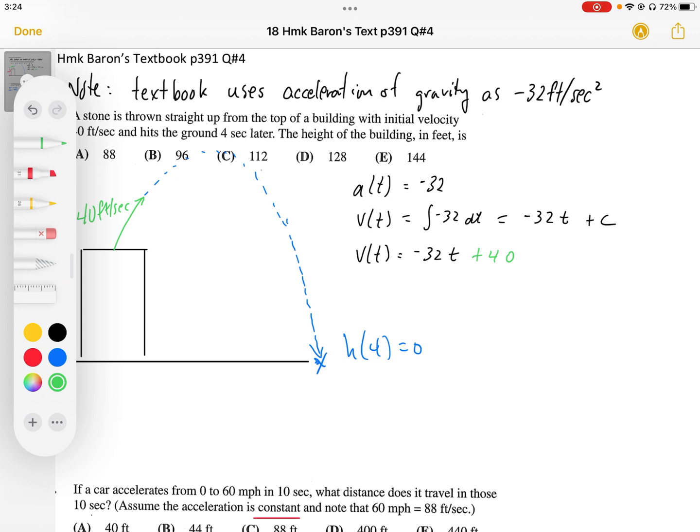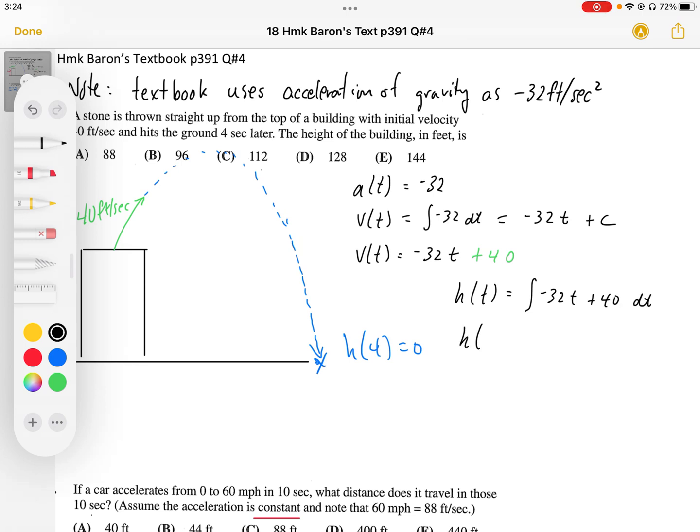So then I need to come up with my height equation. So the height is equal to the antiderivative. So h of t is equal to the antiderivative of velocity, which is the integral of negative 32t plus 40 dt.